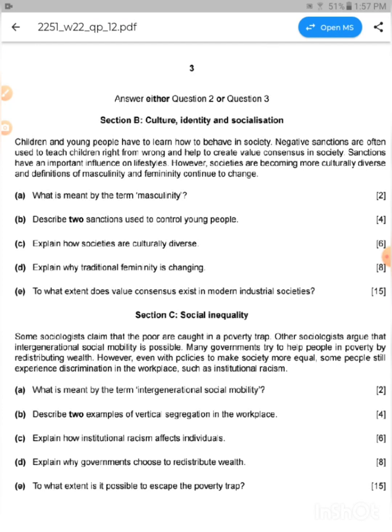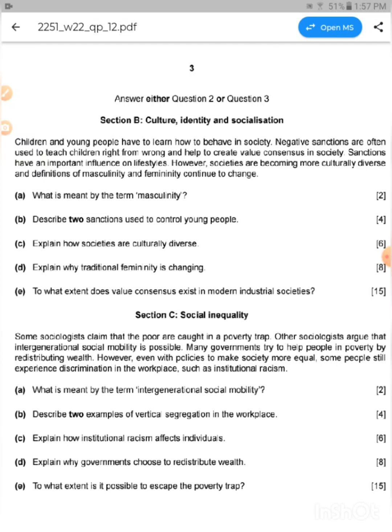These two are my favorite words, because this is what sociology requires: thorough study. The course is very extensive, so you need to thoroughly understand the concepts and memorize the things as well.